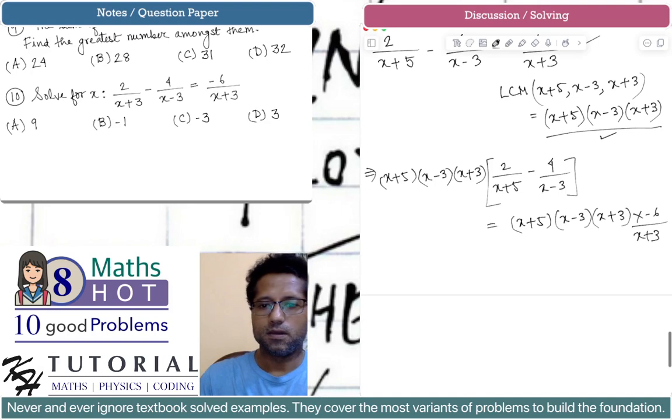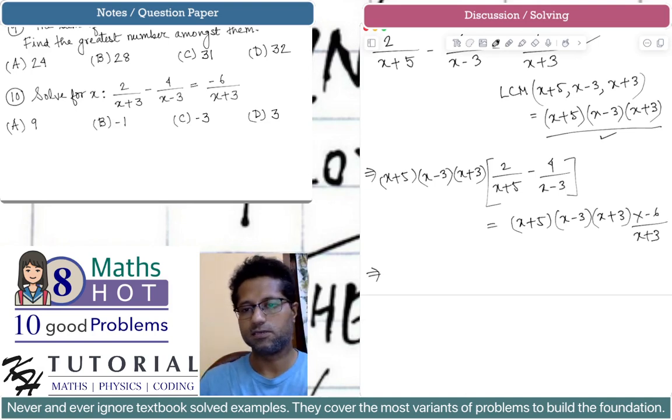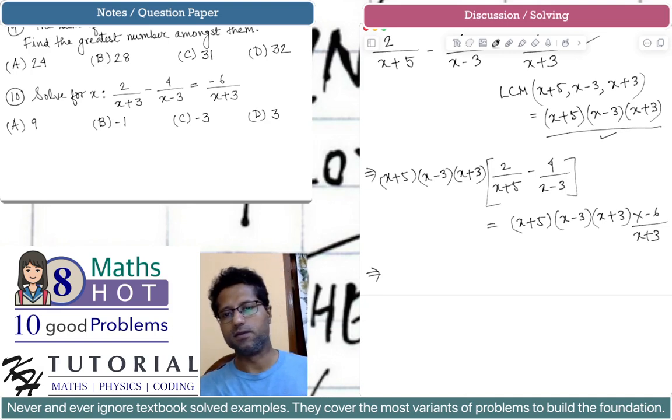Okay, now if you do the product on the LHS, you see that we have to apply the distributive law of multiplication over subtraction.